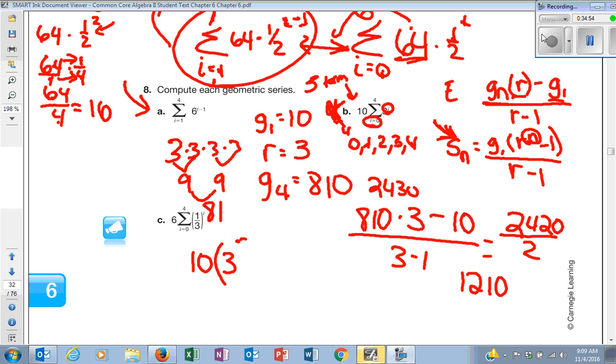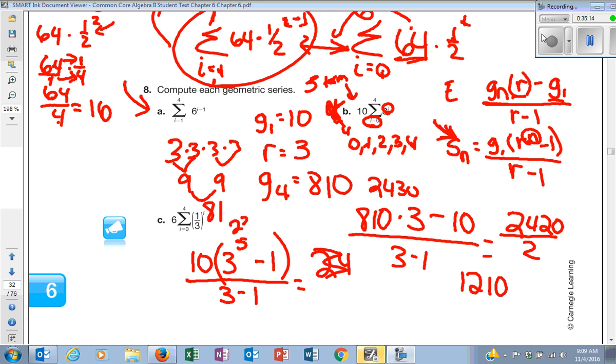So it's 3 to the 5th minus 1 divided by the common ratio, which is 3 minus 1. Again, I use my calculator, and when I do 3 to the 5th power, that is going to get me to the answer of 243.